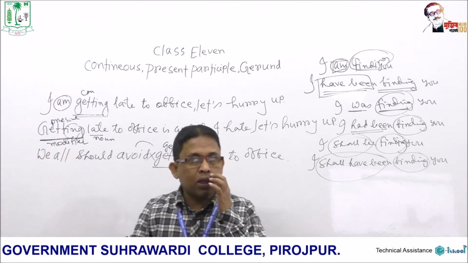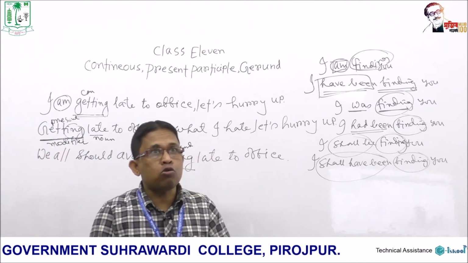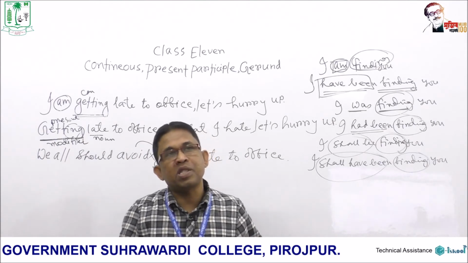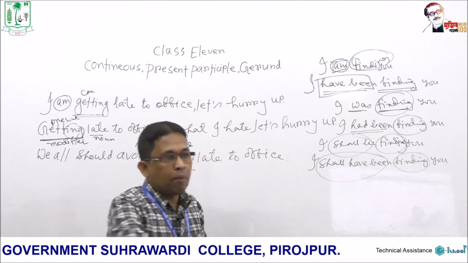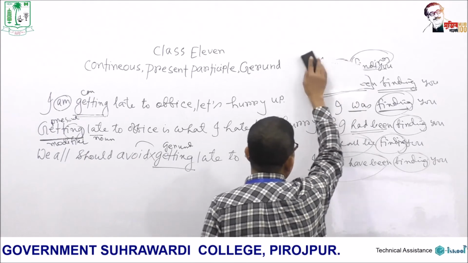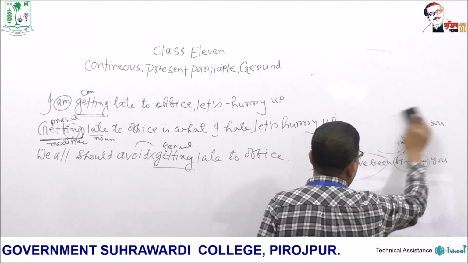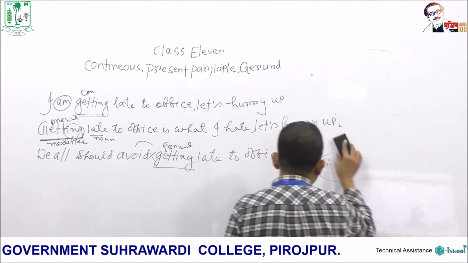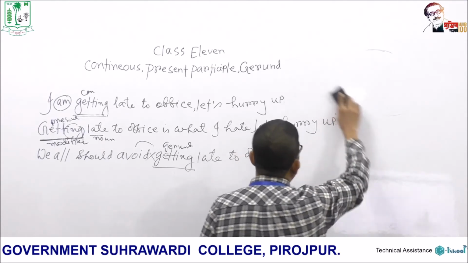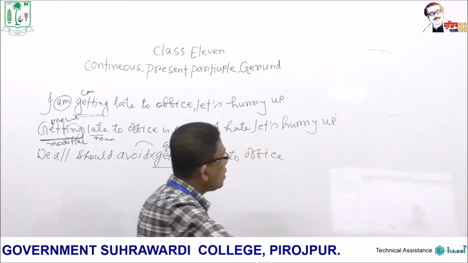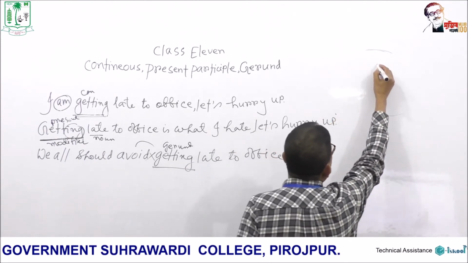Now, participles are of different types. I am not going to explain all those participles today, leaving these types of participles for my future classes, but still just let me write down participles.